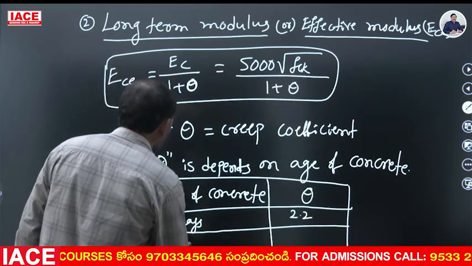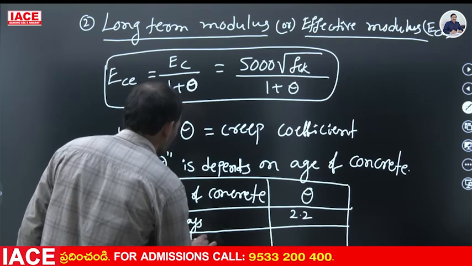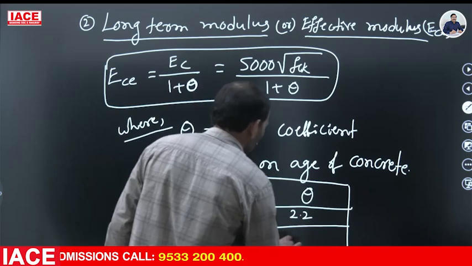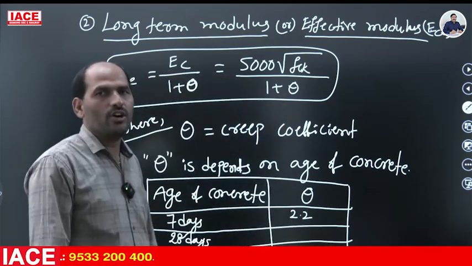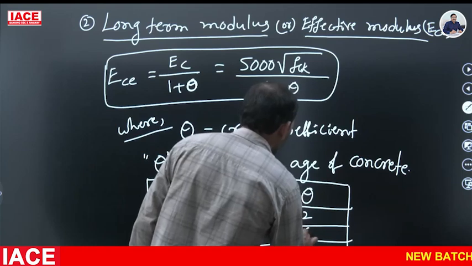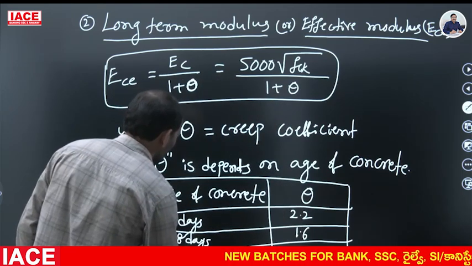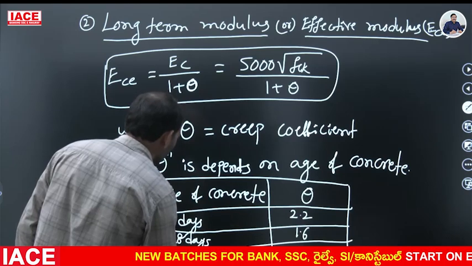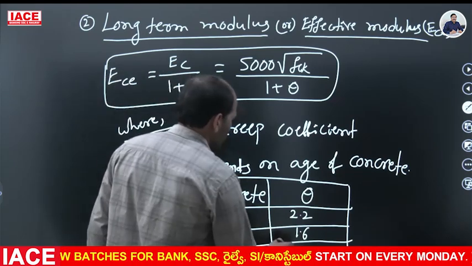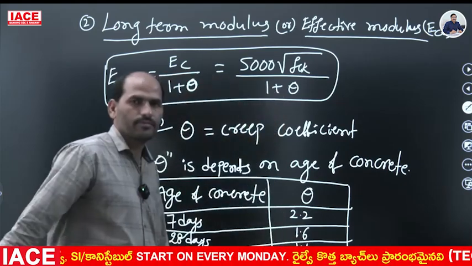And for 28 days, the 28 days age of the concrete, what is the creep coefficient value? For 28 days it is 1.6. And for the 1 year age of the concrete, the creep coefficient value is 1.1.